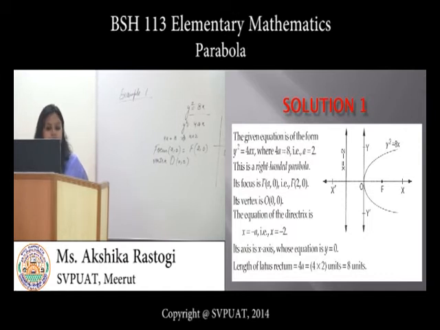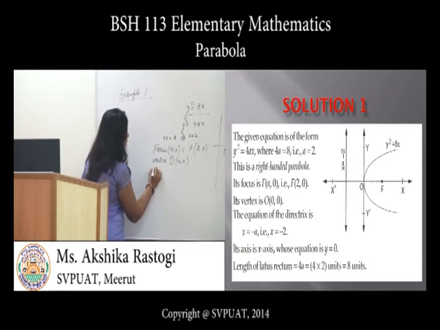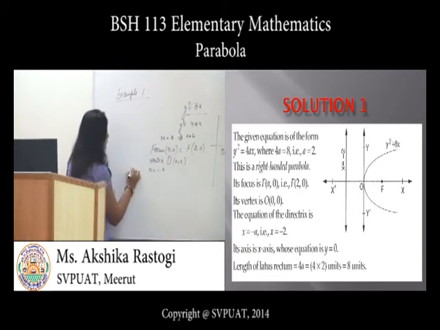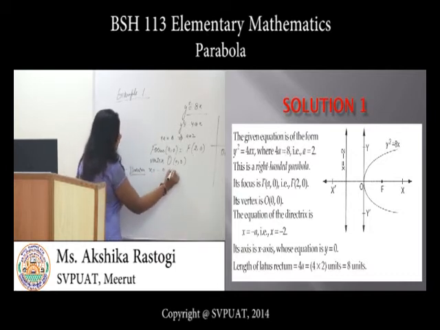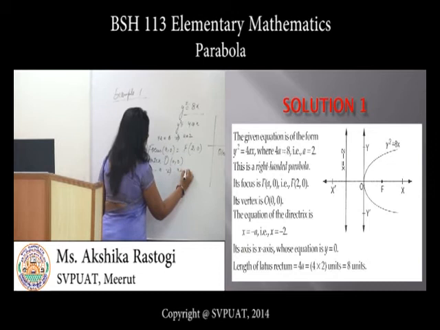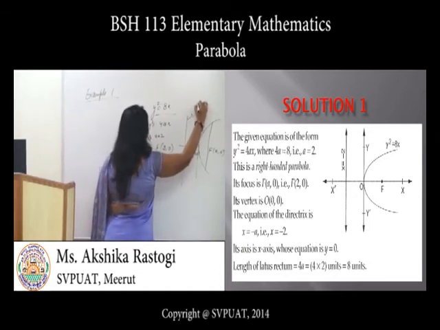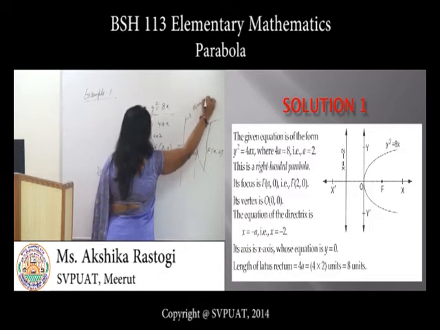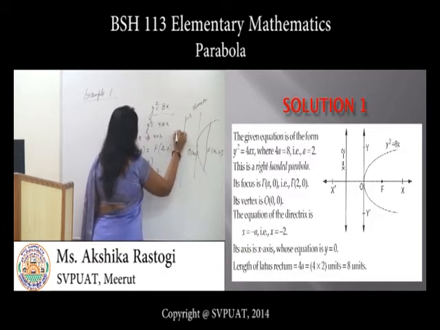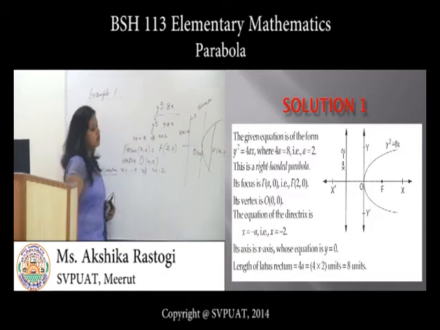The equation of the directrix is x equals minus a, that means x equals minus 2. So this is the line of the directrix, and this equation will be x plus 2 equals 0.